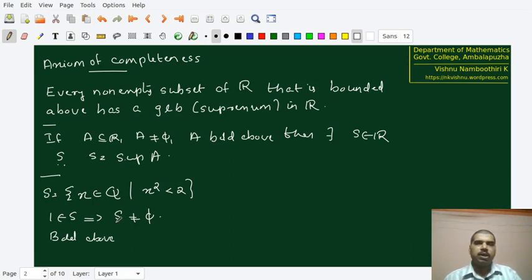Therefore, Q contains non-empty sets that are bounded above and at the same time have no supremum in Q itself. Therefore, we say that Q is incomplete as far as the supremum property is concerned, whereas R is complete. That's what makes R much more special compared to the set of rational numbers.